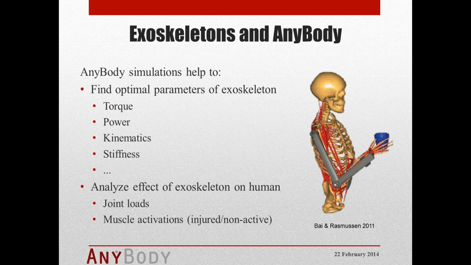Which torque is necessary to perform this motion, or which power is necessary for the exoskeleton? Also, do the kinematics match the kinematics of the human? Are there any stiffnesses like springs in the system? So you can find out those optimal parameters and even do optimization studies in Anybody to find those key parameters for your exoskeletons.